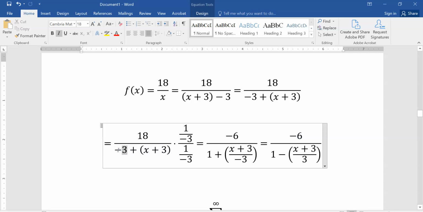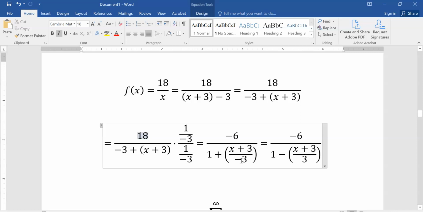Again, we're using -3, so that undoes this and makes that a 1. So 18 times 1 over -3 gives you a -6. -3 times 1 over -3 gives you a positive 1. And if I take x plus 3 times 1 over -3, I get x plus 3 over -3.